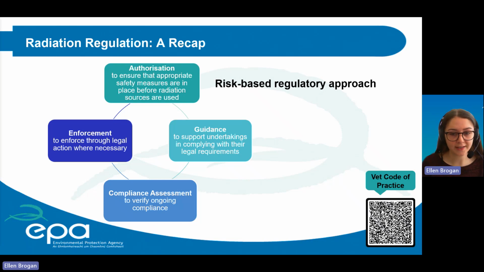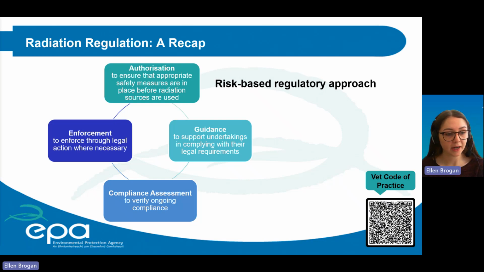So you have the authorization, in other words, the certificate of registration or the license, which lays out the conditions for safe use of X-ray equipment. All practices involving the use of ionizing radiation must be authorized by the EPA. Then you have guidance documents and webinars, which aim to provide support to veterinary practitioners and others in understanding and complying with the legal requirements of the ionizing radiation regulations, your authorization conditions, and the veterinary code of practice.